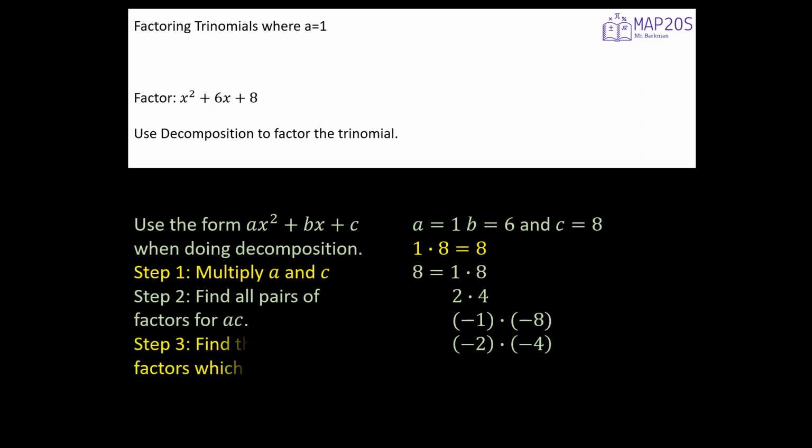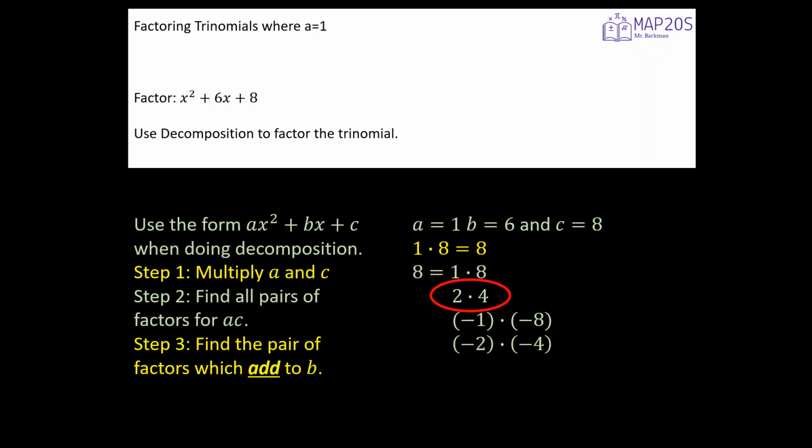All right, step 3, we need to find the pair. We just found 4 pairs that are factors of 8. We need to find the pair which adds to the b value. Now b is equal to 6, and so we have to find which pair adds up to 6. 1 plus 8, 9. That one doesn't work. 2 plus 4, 6. Perfect.